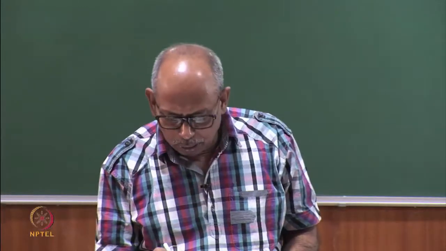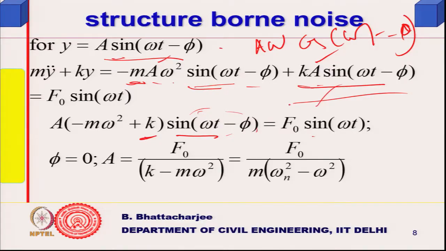If you remember when we talked about one wave following the other, this should be in terms of some phi. So, at phi equal to 0, a equals F0 by (k minus m omega square), and k, you remember, was related to omega n square, because under root k by m is equal to omega n, right.